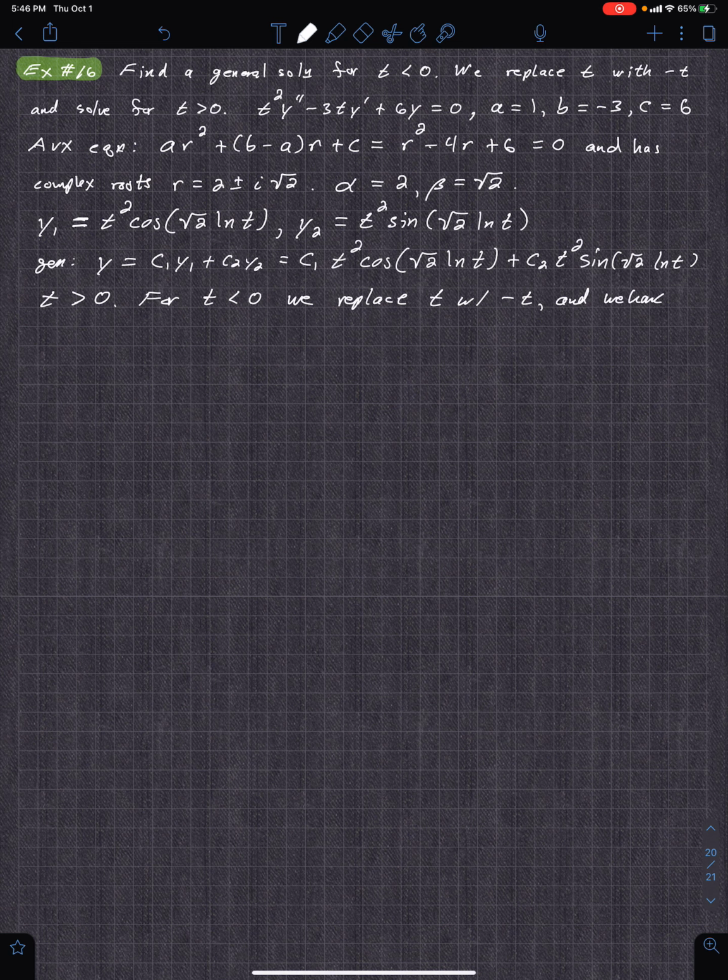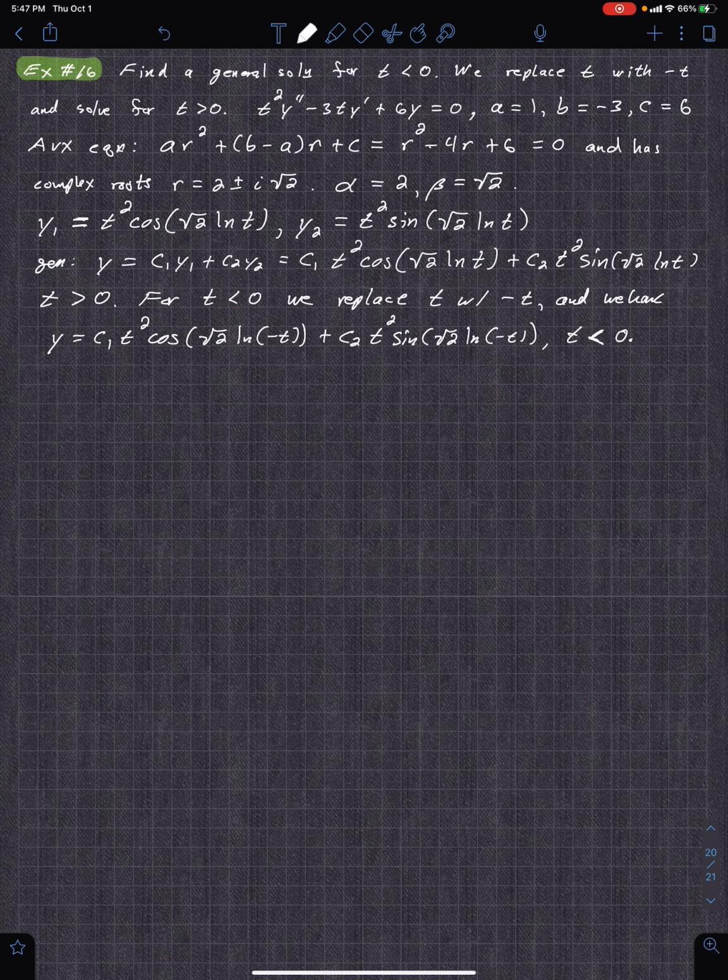And we have y equal to c1 t squared, that doesn't matter, cosine of root 2 ln negative t. So you just put in your negative t now. Plus c2 t squared sine of root 2 ln of negative t. And then you just say that's for t less than 0. So that's all you really do. It's just a little algebra step to do.